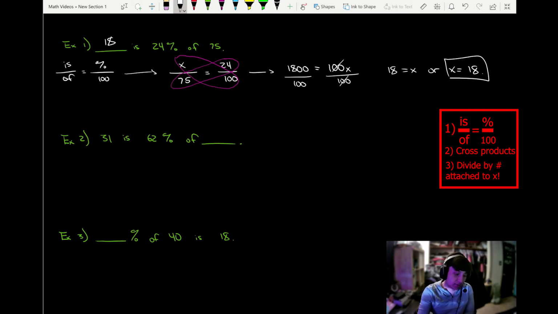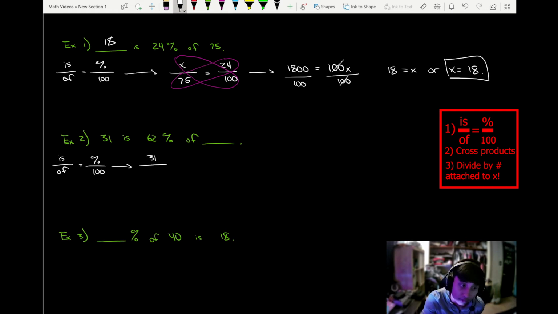Okay, so example 2, 31 is 62% of blank, right? So it's a different number we don't know now, but same steps. So remember, is over of equals percent over 100. So is 31 is, right? So we know what the is is.